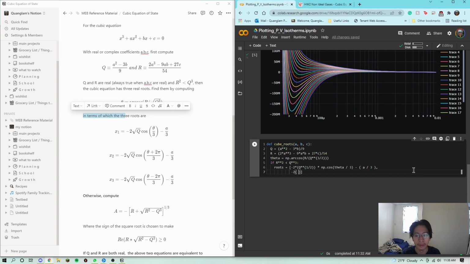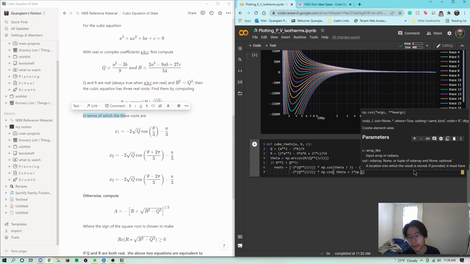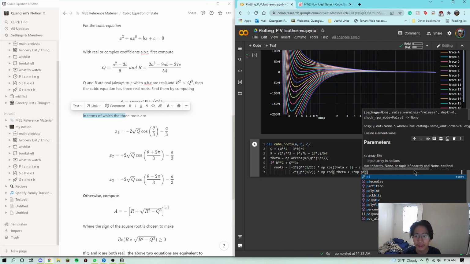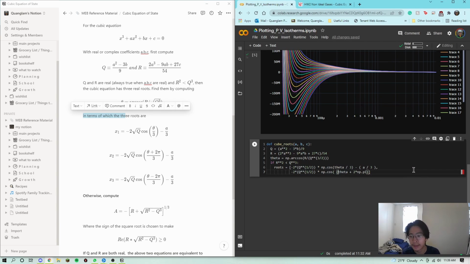Otherwise, x2 is -2 times Q to the 1/2 times np.cos of (theta plus 2 times np.pi), this should be in parentheses, all over 3, minus A over 3.